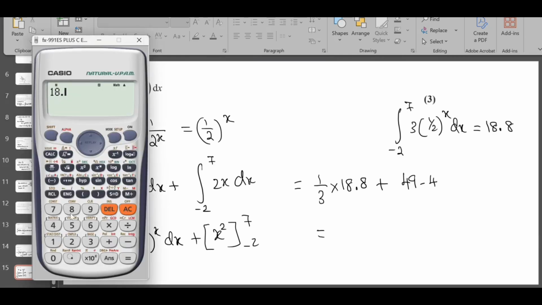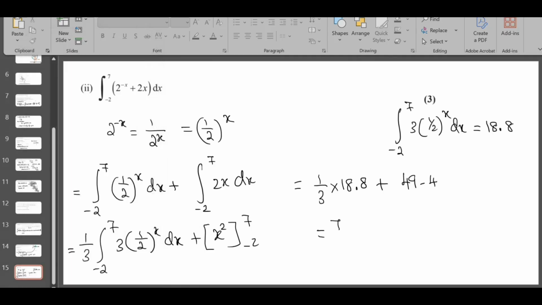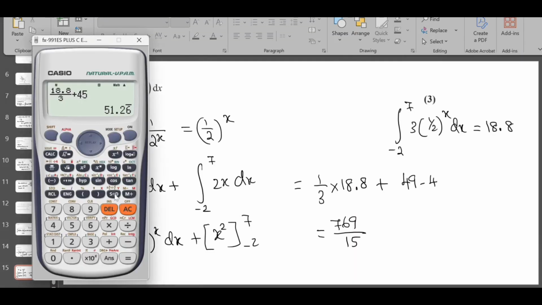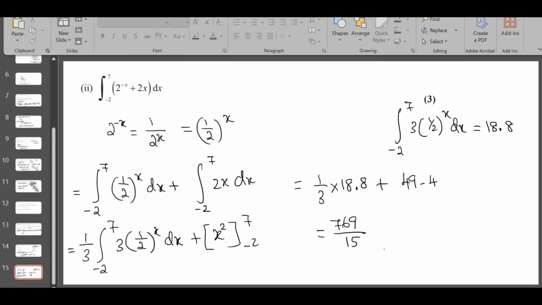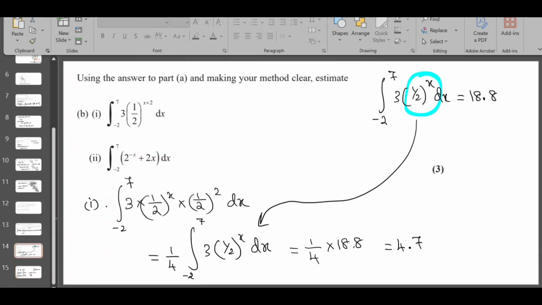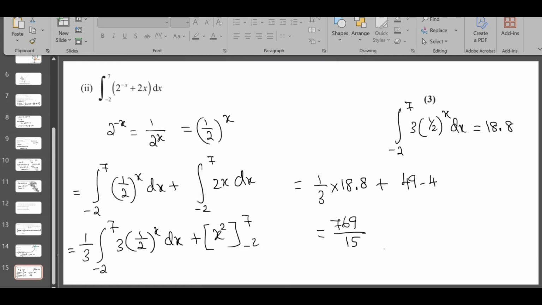So 18.8 over 3 plus 45, which gives 769 over 15. If we change it to a decimal, it's a recurring decimal, so leave it as it is, or go back and read the question. They want us to find an exact estimate, so leave it in the exact form. If you want to write the decimal, you need to round it to 3 significant figures, but I would prefer this exact value. That's all.